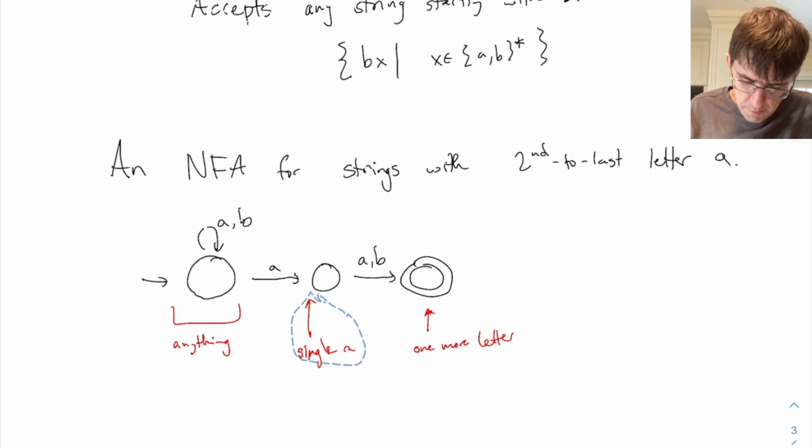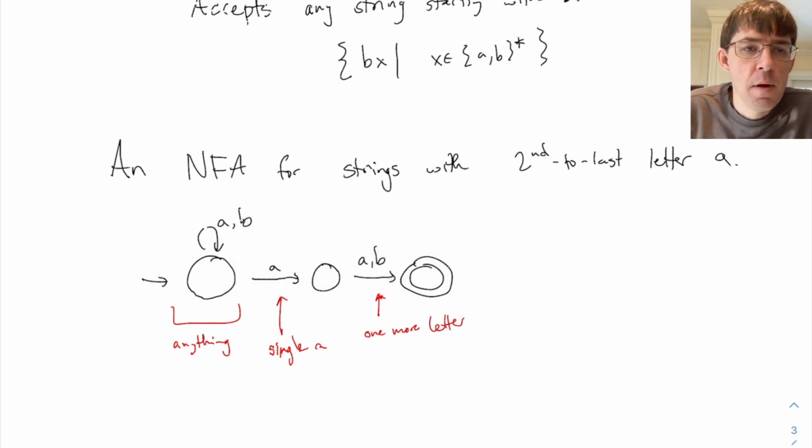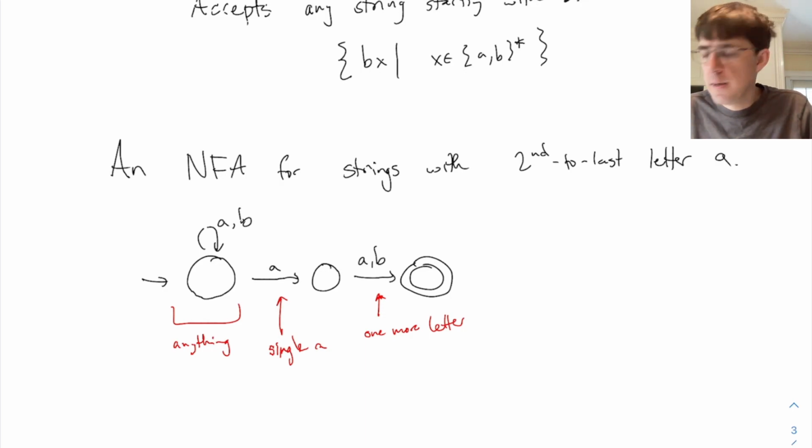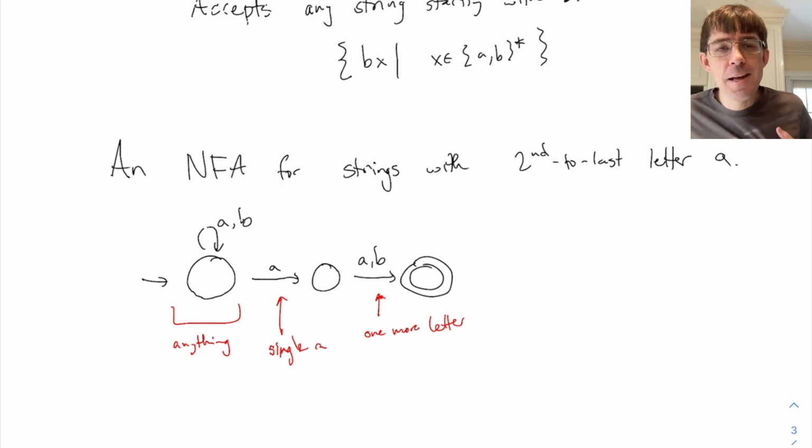It's however you want to think about it. Maybe that's a little better. All right. This is an NFA which accepts strings where the second to last letter is an A. You can also make a DFA for this language, but it's a lot more complicated than that. To me, NFA is the more natural way of making this language than the DFA.